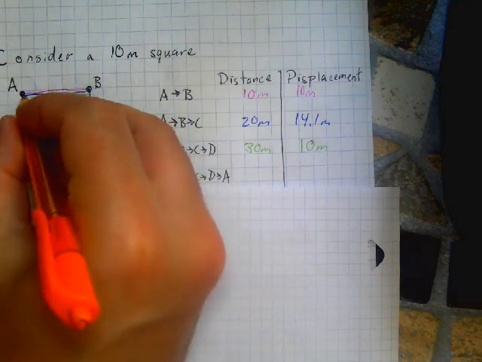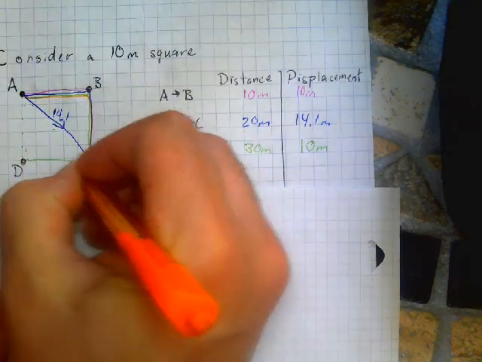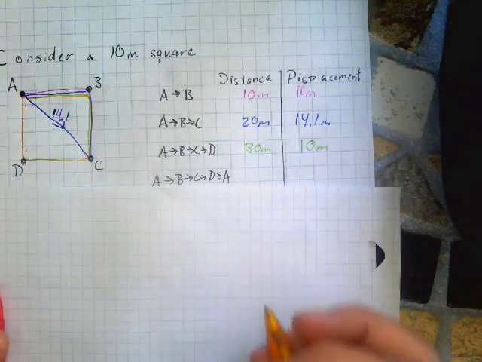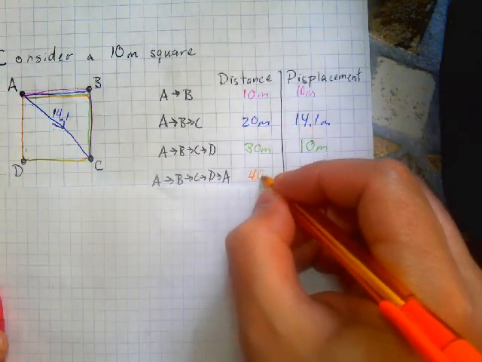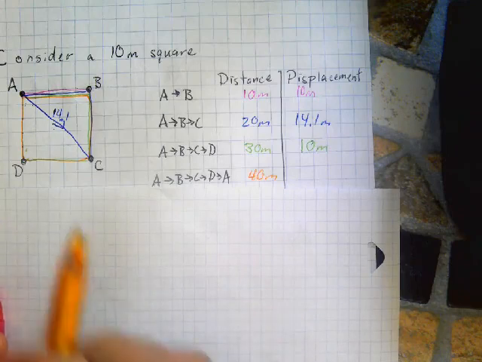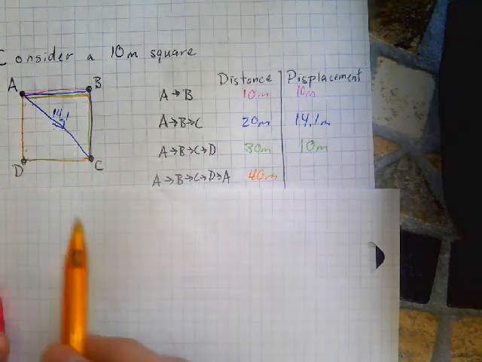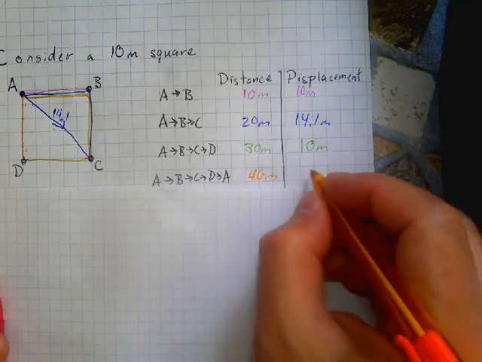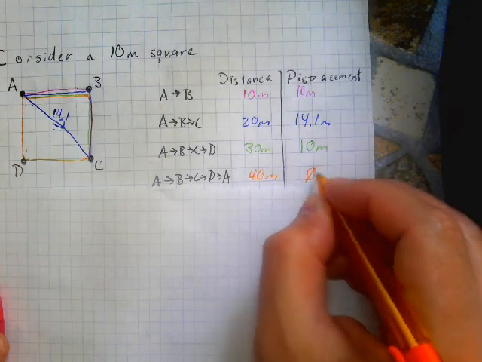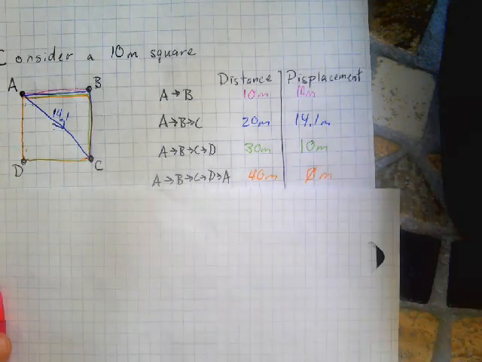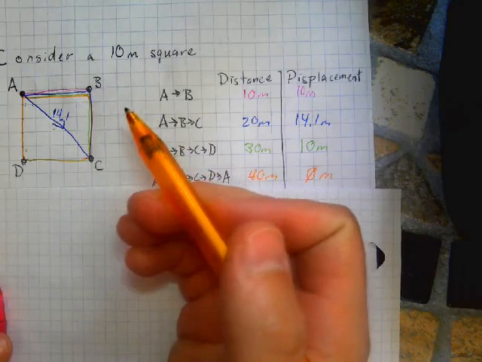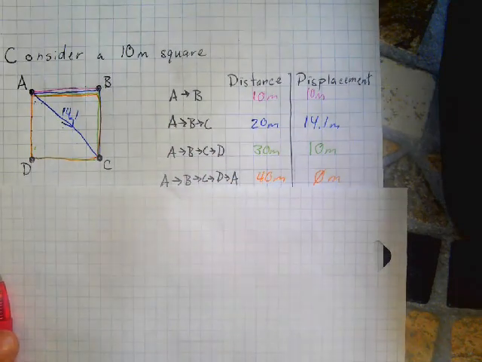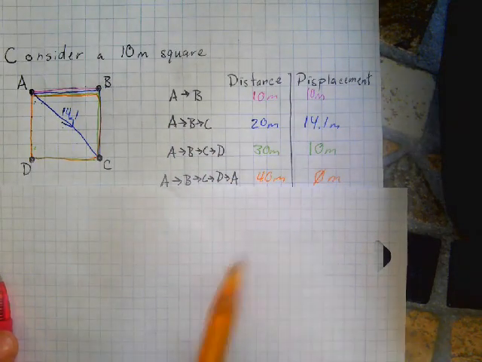And if we go from A to B to C to D and back to A, now the distance is 40 meters, because we've gone the whole perimeter of the square, but the displacement is only going to be 0 meters, because we're right back where we started. So we didn't go anywhere according to the displacement.